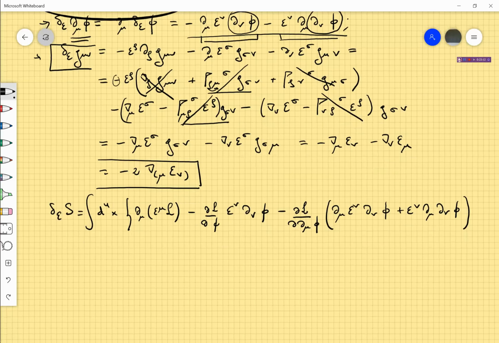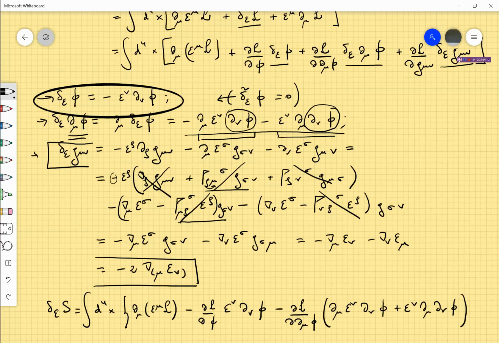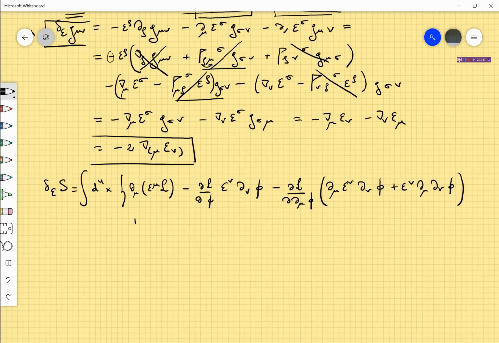And finally, the term with the variation of L, partial derivative of L with respect to G mu nu, and this also carries a minus sign and a factor of 2, nabla mu epsilon nu. Okay, and this is the result so far.